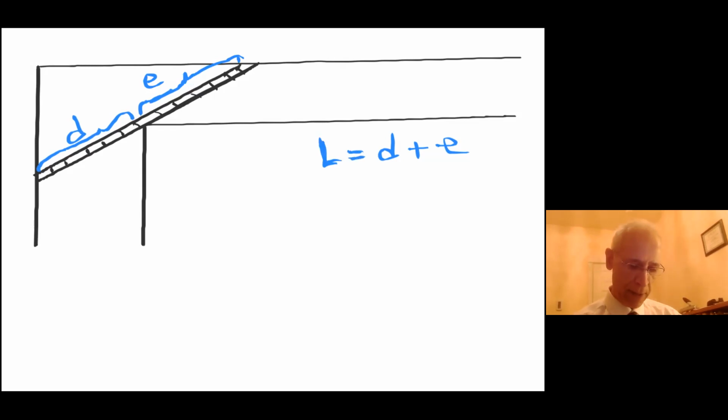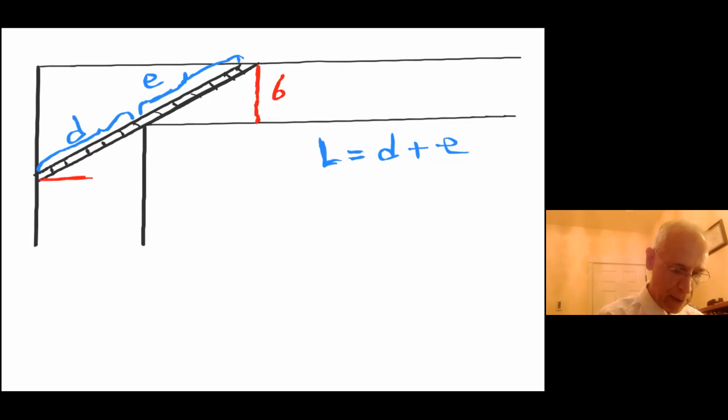Notice one thing I can do here. First of all, the information given. The first hallway is 6, so this right here is 6 feet. And the other hallway is 10 feet, so this right here is 10.